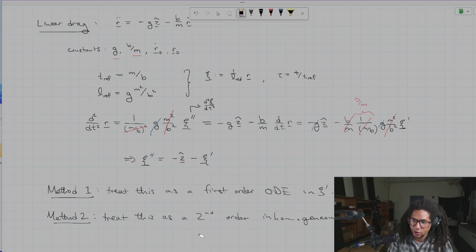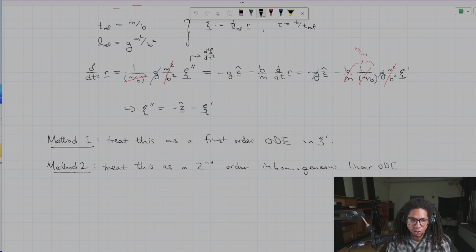And I'm going to do it this way just so that we get some practice solving this kind of differential equation, which you will have seen before if you've had a class on differential equations, but it always pays to practice. All right, so our job is that we should always put all of the things that depend on this dependent variable on one side. So I'm going to rewrite this equation as c double prime plus c prime is equal to minus z hat.